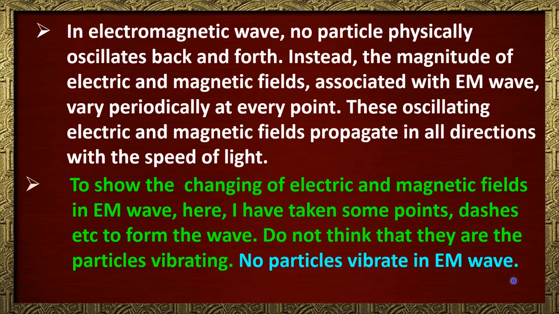So here I am going to show you how electric and magnetic fields vary perpendicularly to the direction of propagation of the electromagnetic wave. Here I have taken some points, dashes, etc. Actually, they are not particles that vibrate in an electromagnetic wave, because in an electromagnetic wave no particle physically vibrates. Okay.